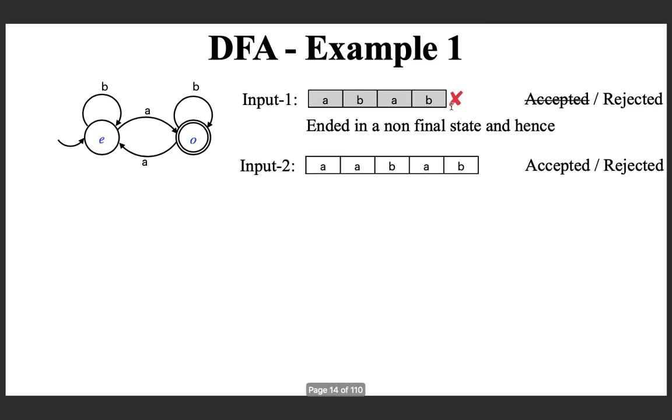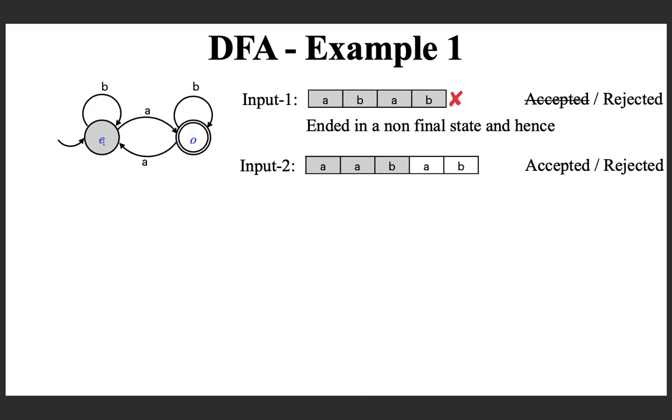Maybe we can look at one more input string. This is the second one. Start with the start state of the automaton. The first input symbol is A. You are taking the transition for A. The next input is A again, taking the transition for A, coming back to E. And the next input symbol is B. If you take it, this is the transition for B, again back to E. And next, what is it?